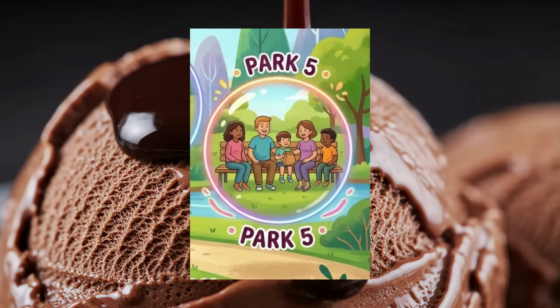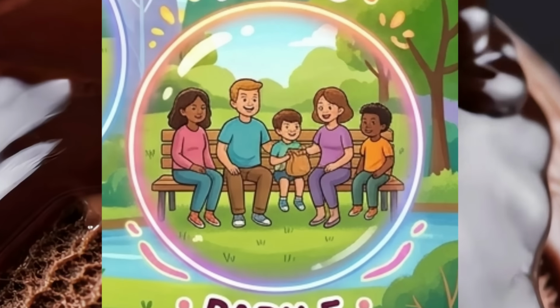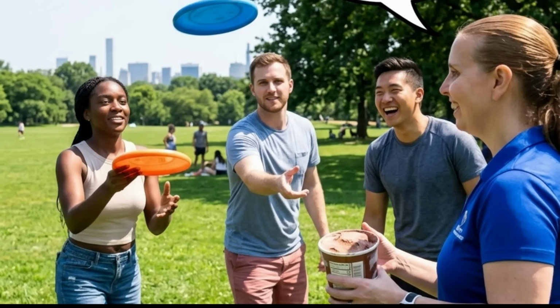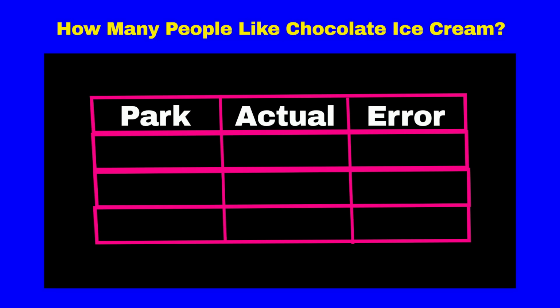And there were 5 people sitting on a bench. I asked them, do you like chocolate ice cream? They said yes. Turns out, all the people I asked just happened to like chocolate ice cream. So then you can see on the screen, we get the points (1, 1), (3, 3), and (5, 5).